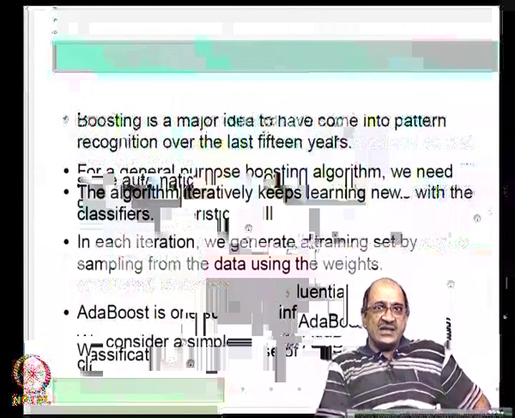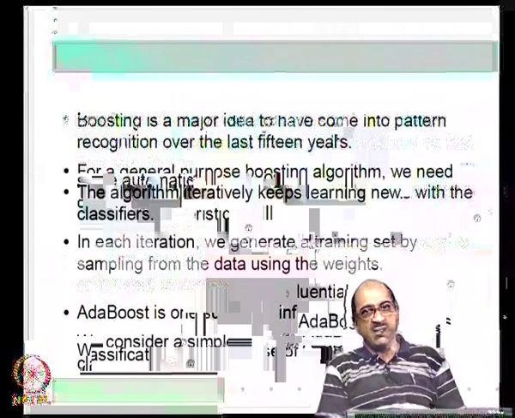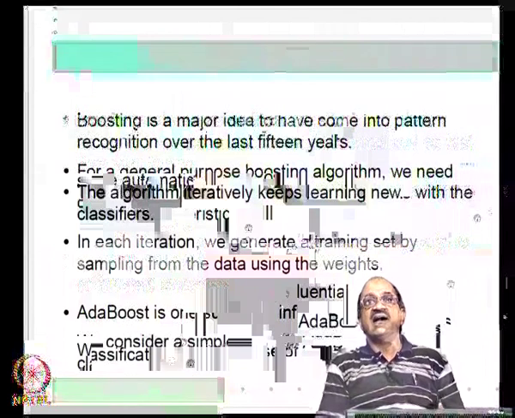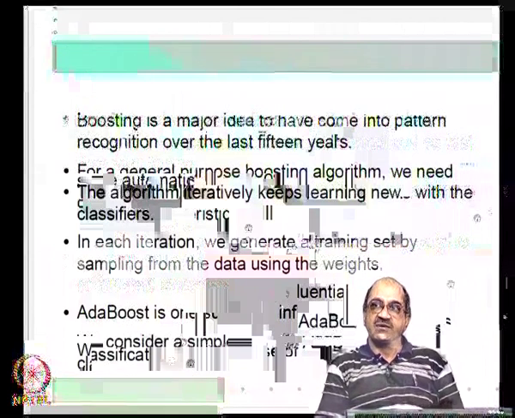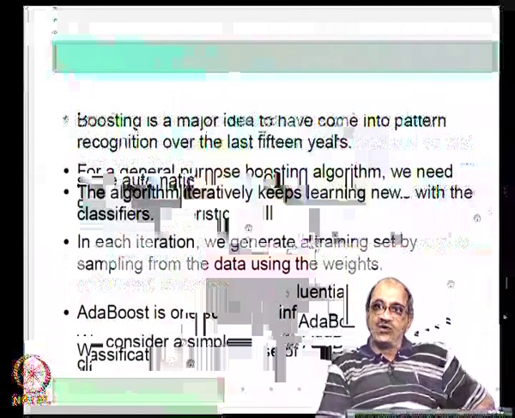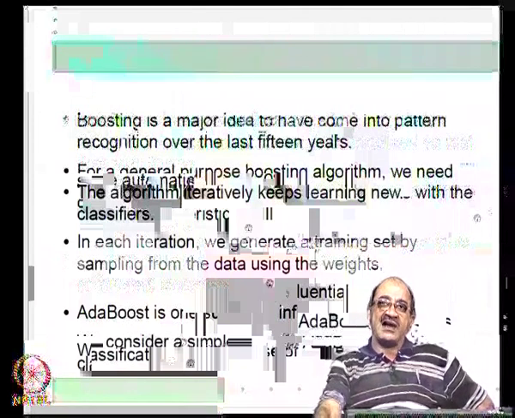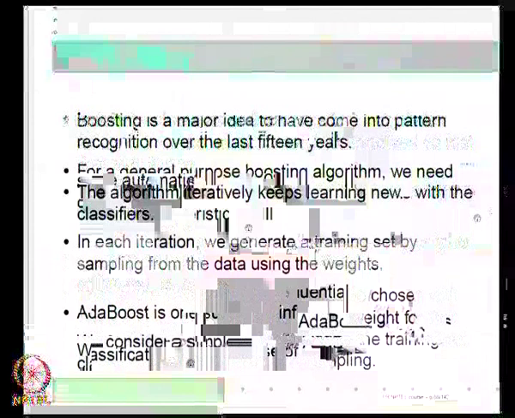So, in each iteration, I generate a training set by sampling from the data using these weights. I use these weights as a probability distribution and generate IID samples out of the distribution. That means, a particular xi is chosen with a probability proportional to the weight, and I keep making many IID realizations of this to generate a training data set. So, a data point xi would be chosen with probability wi, where wi is the current weight for that point.